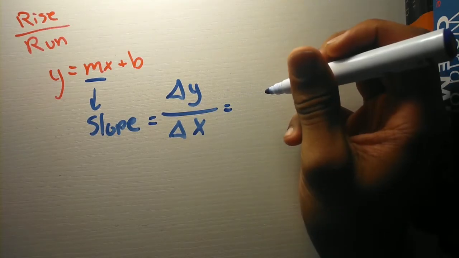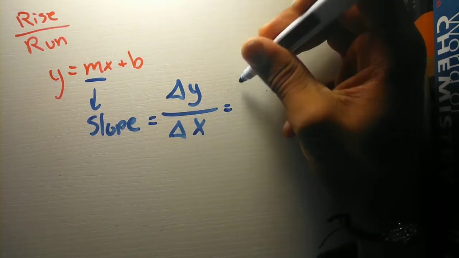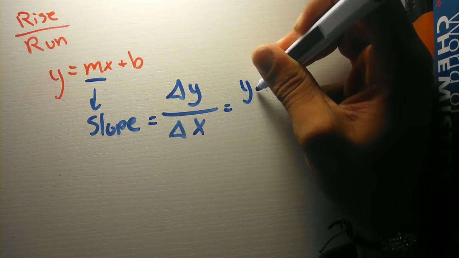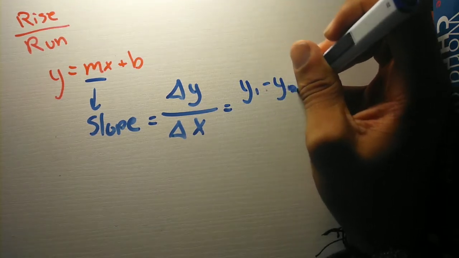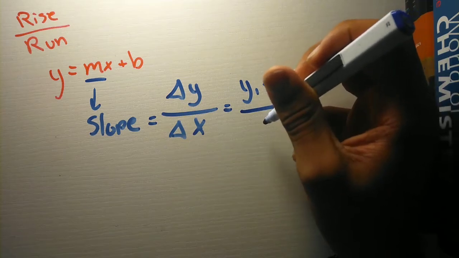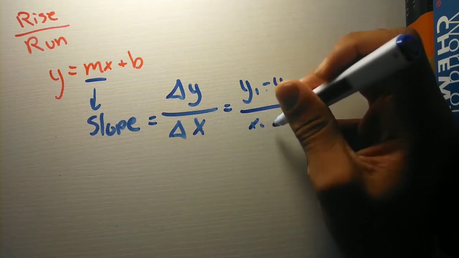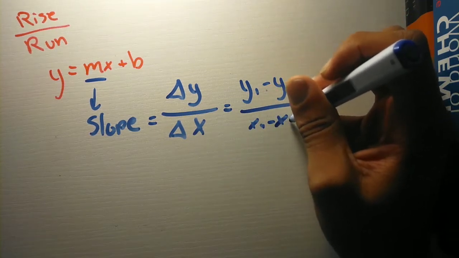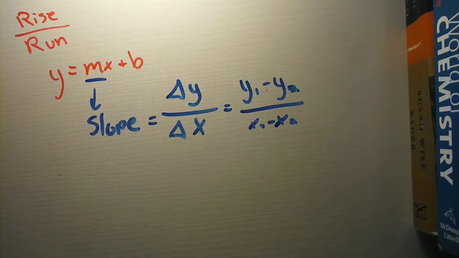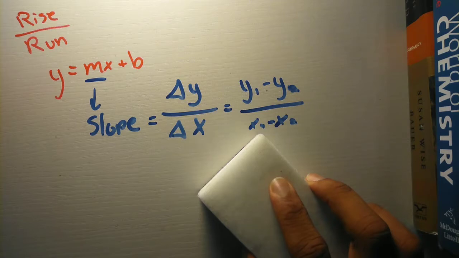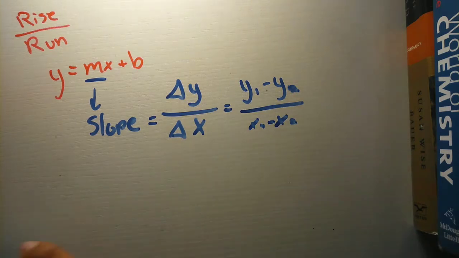Which is equal to y1 minus y2 over x1 minus x2. Alrighty. And that is basically slope in a gist.